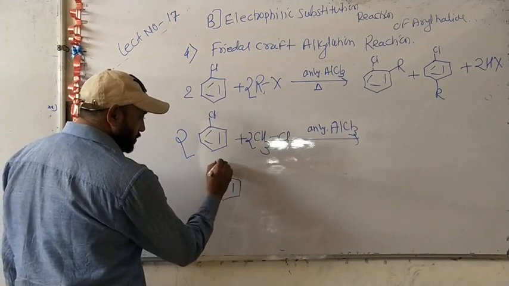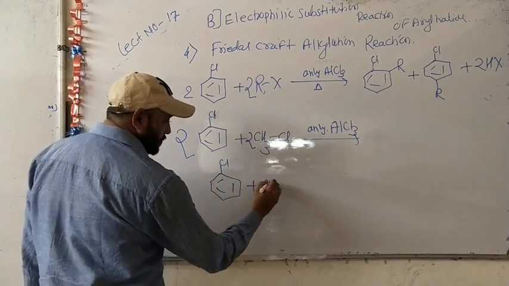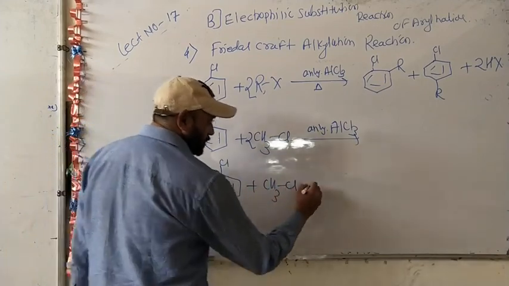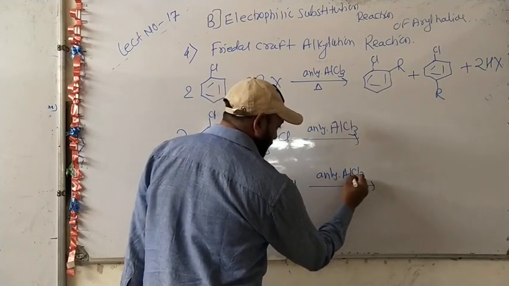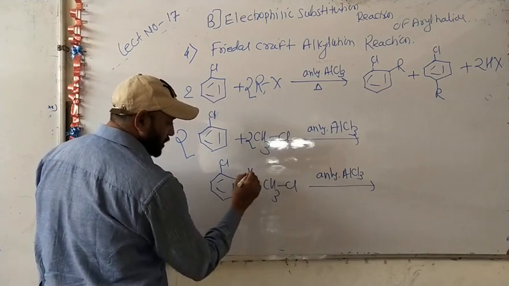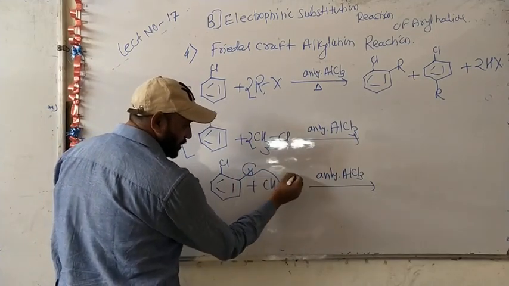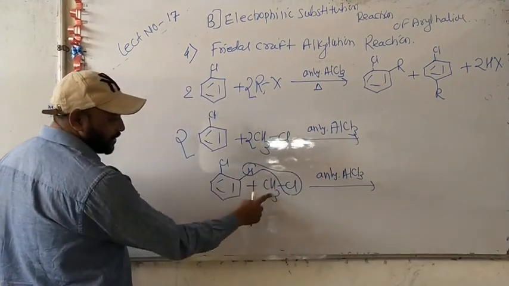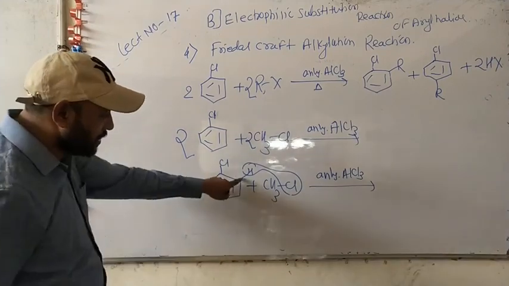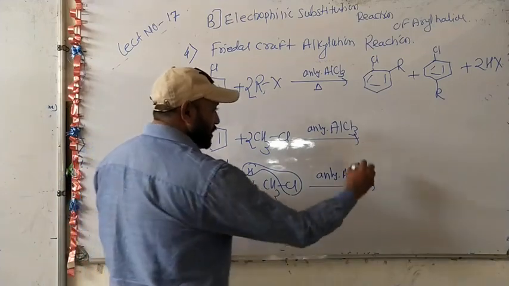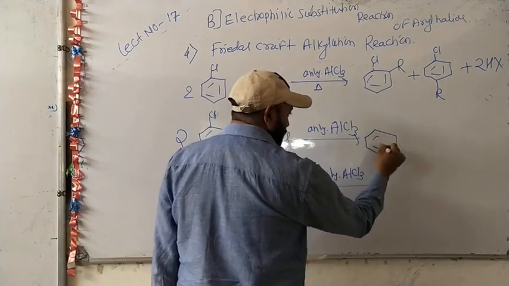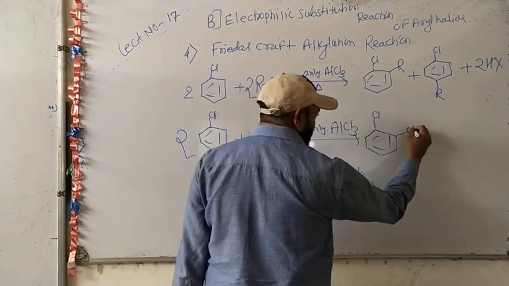The product formed is from the first chlorobenzene plus methyl chloride in presence of anhydrous AlCl3. From the ortho position hydrogen is lost, and from methyl chloride chlorine is lost. So methyl is substituted for this hydrogen, forming this chlorine and here CH3.